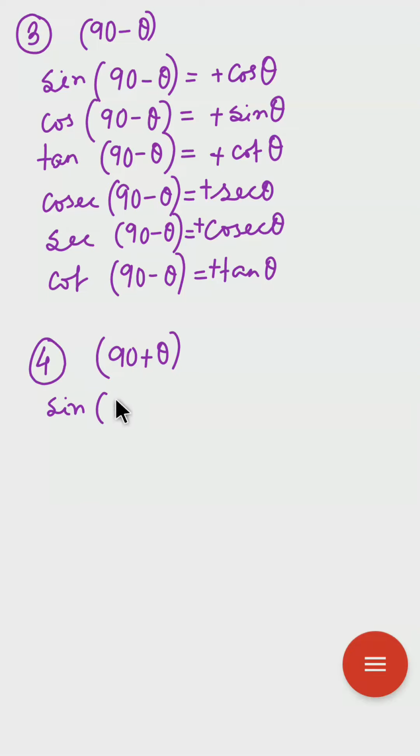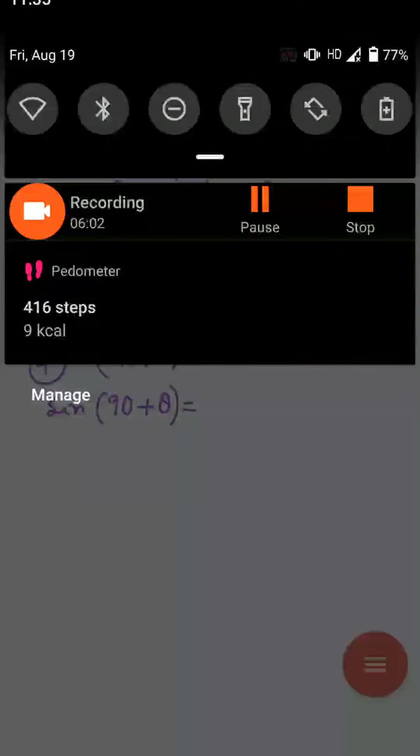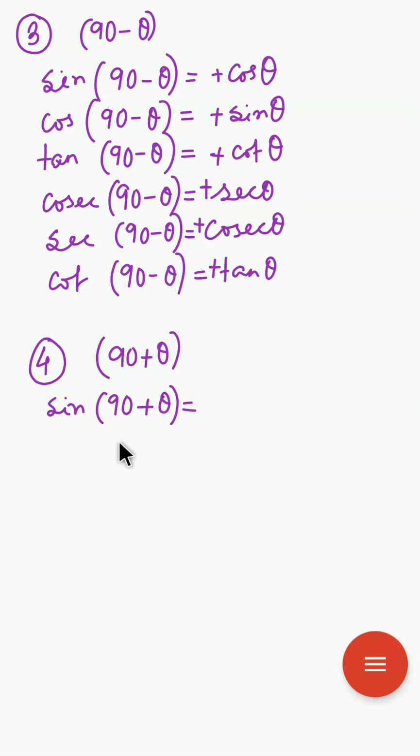Sine of 90 plus theta is equal to, let's check the angle where it lies. 90 plus theta lies in the second quadrant. In the second quadrant, sine is positive. So we put the plus sign over here. Then we check the multiple of 90 degree. Here it is 90 into 1, which means odd multiple. So the sine will change to cos theta.